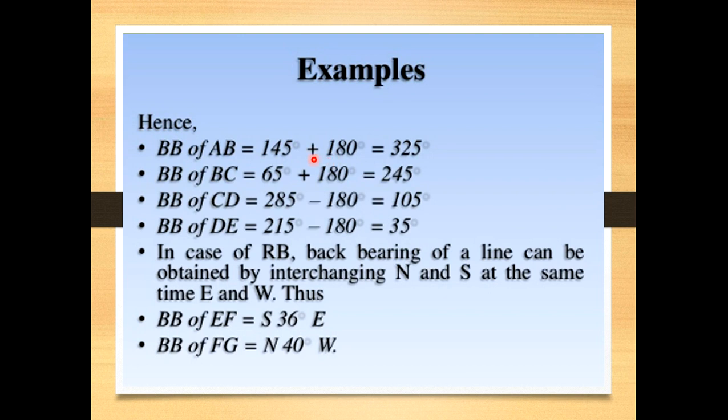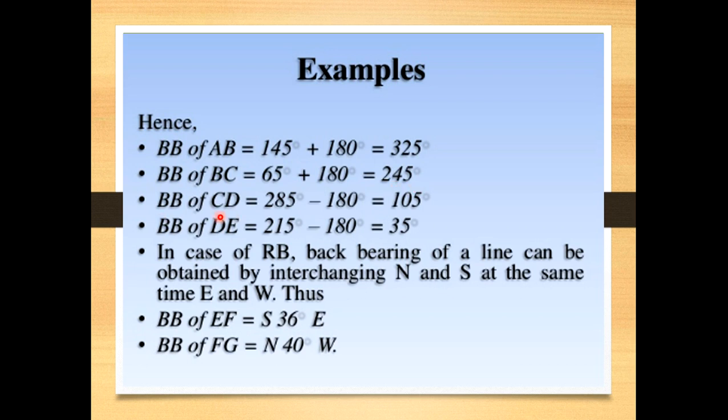145 degree plus 180, so back bearing of AB: 145 is less than 180, so plus 180 is equal to 325 degree. Then 65, back bearing of BC: 65 is also less than 180, so plus 180 is equal to 245 degree.